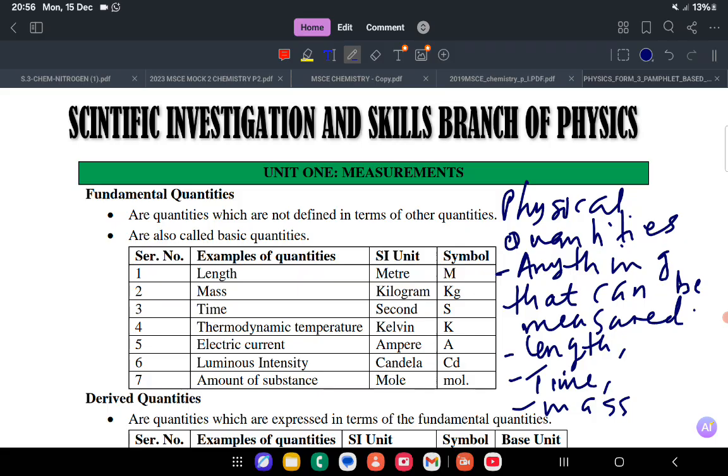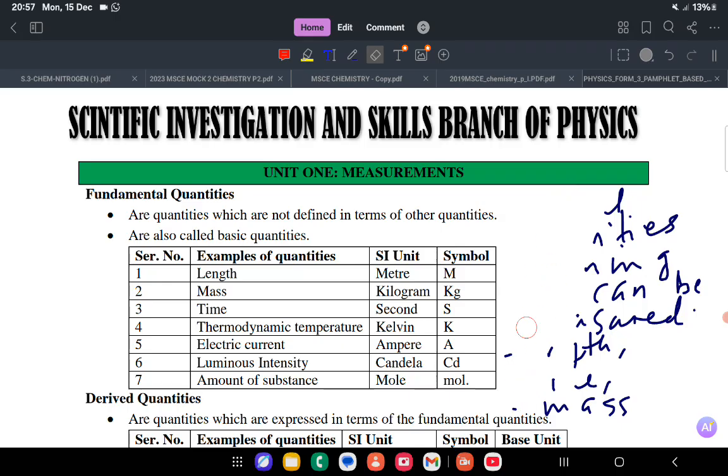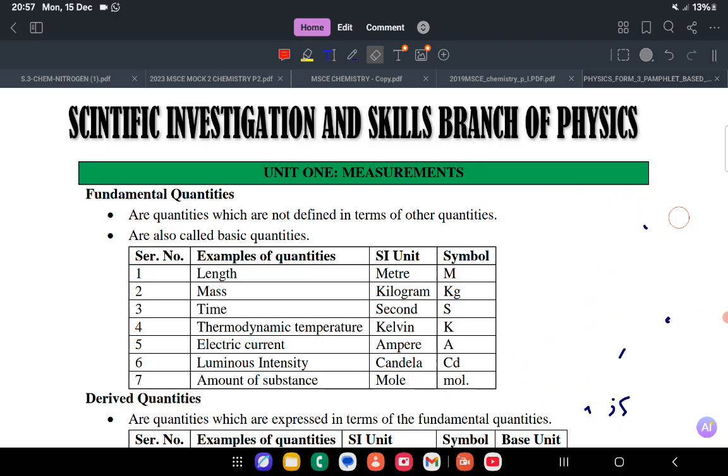A physical quantity is anything that you can measure in the lab. And remember that a physical quantity has two parts.